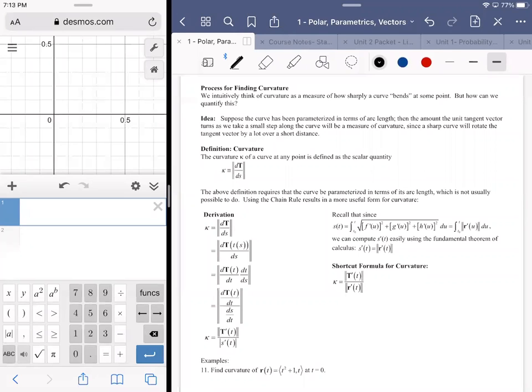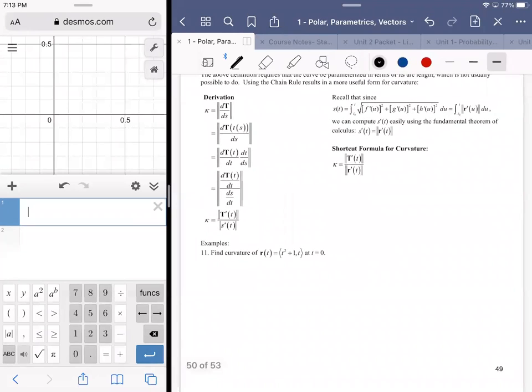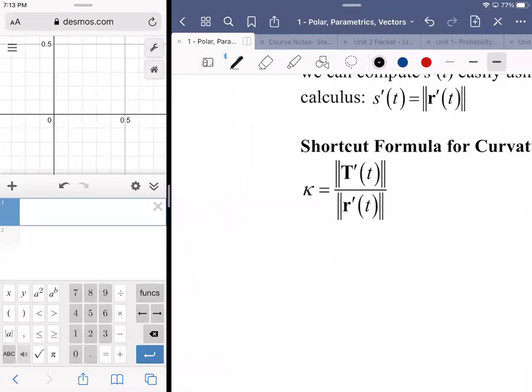What we want to do is develop a relationship that's going to help us figure this out on a global scale. But you can see the shortcut formula, that kappa. I make my kappa a little bit differently. It's the derivative of the unit tangent vector divided by the magnitude of the derivative of your vector valued function.